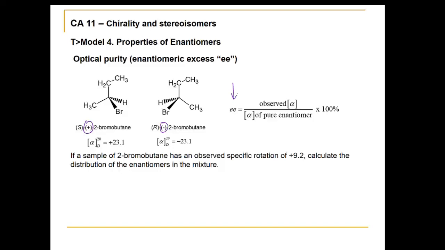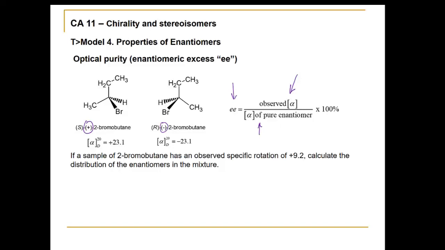The formula is the observed specific rotation divided by the specific rotation of the pure enantiomer times 100%. Now, you'll have an opportunity of doing this calculation a number of times. I'm going to talk you through one example here. You have to be careful. There's a little trick that you need to pay attention to.